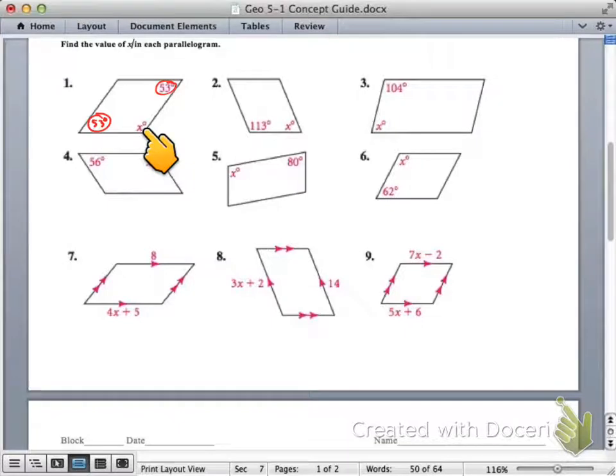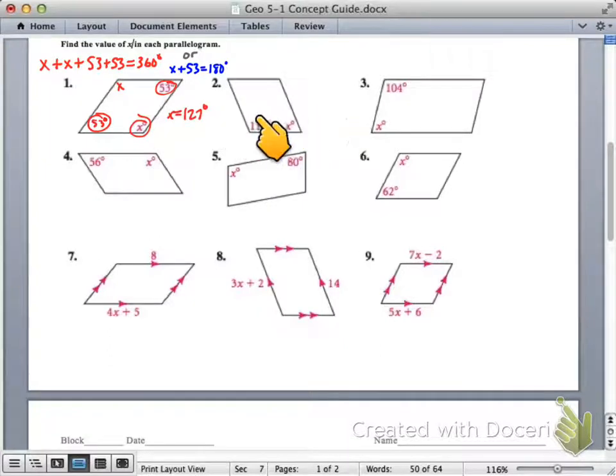We also know that if this is x degrees, this is also x degrees. We could think of the property of a quadrilateral, that all 4 of those angles added together equal 360. But there's a simpler way, and that is the last thing that we just talked about. Consecutive angles are supplementary. So if this is 53, 53 plus x has to equal 180 degrees. So x equals 127 degrees.